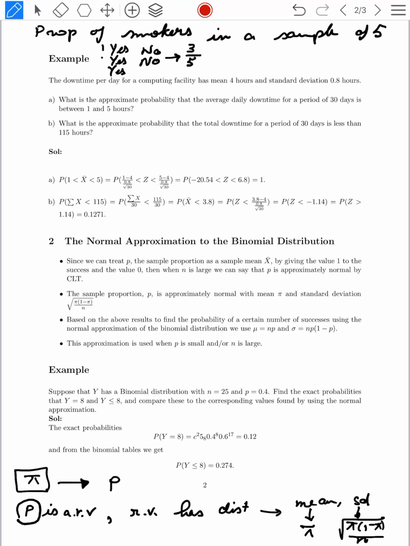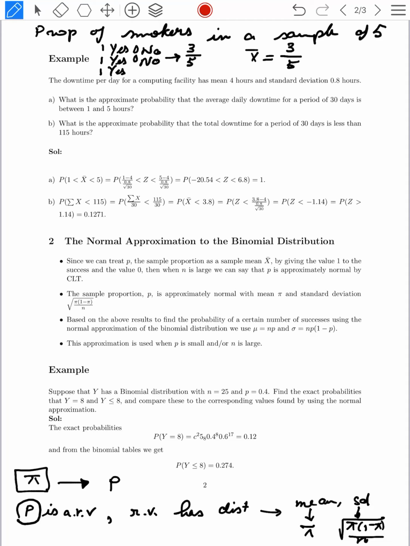If you give the value 1 to your success and the value 0 to your failure, then X bar is going to be 3 over 5, the same value as the proportion. So this means you are able now to treat P like you treat X bar, and what applies to X bar can be applied to P.